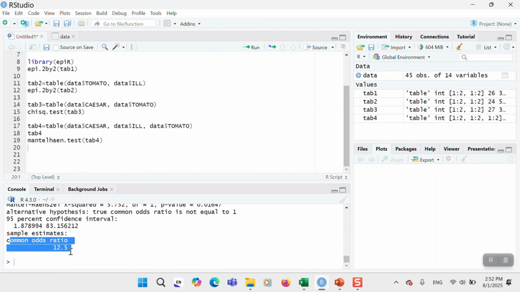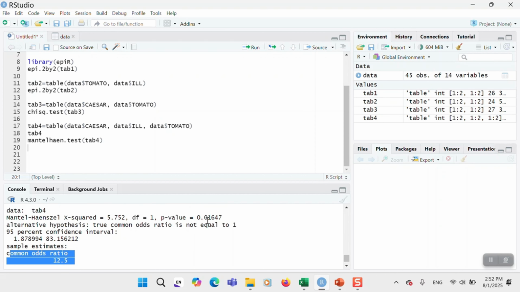The common odds ratio is 12.5, and the p-value is also significant, right? We can conclude that Caesar salad is still strongly associated with illness even after adjusting for tomato, right? So this confirms that Caesar salad is linked to the illness and is likely the real culprit even after adjusting for tomato salad. So now let's flip it.